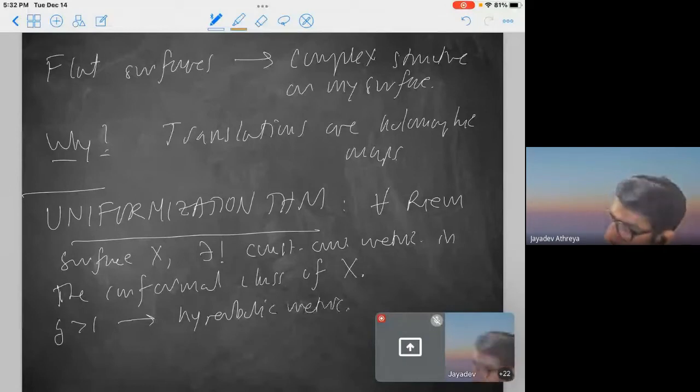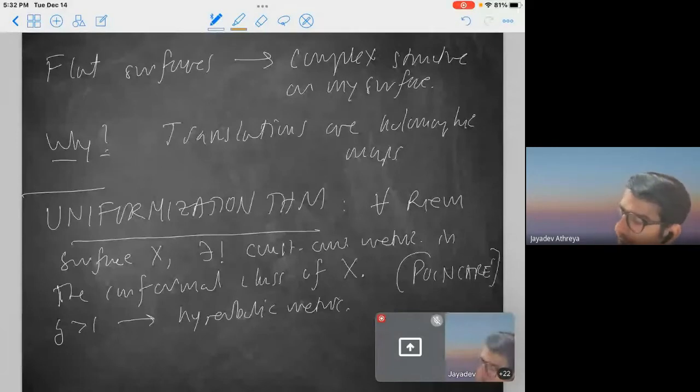Right, so this theorem goes back to Poincaré and is one of the foundational theorems of hyperbolic geometry.